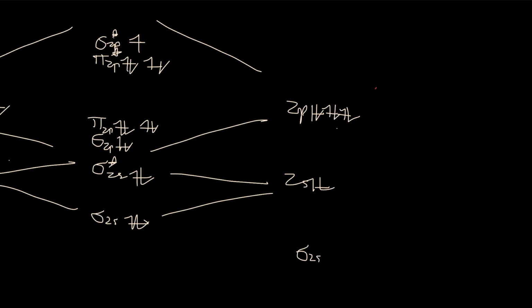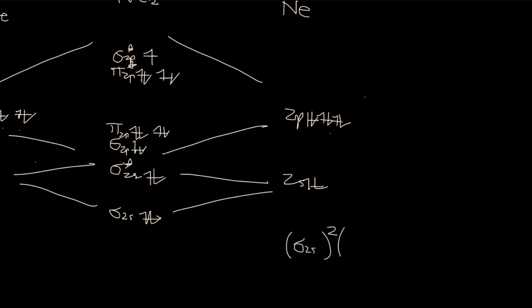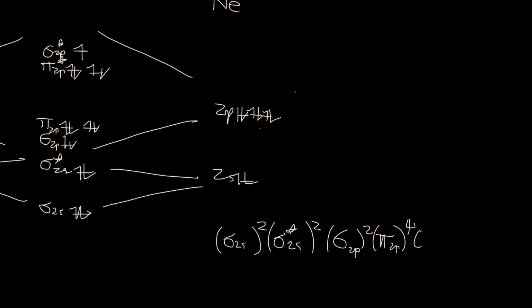You're not going to do the 1s or anything because inner electrons will not interact enough to form molecular orbitals. 2s antibonding sigma with 2 electrons, and then sigma 2p with 2 electrons, pi 2p bonding with 4 electrons, and then pi 2p antibonding with 4 electrons, sigma 2p antibonding with 1 electron.